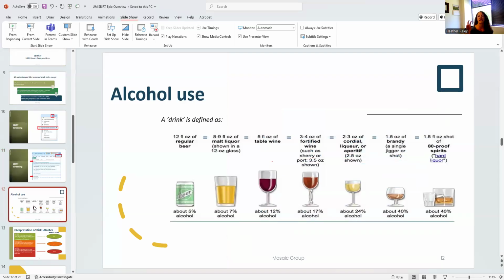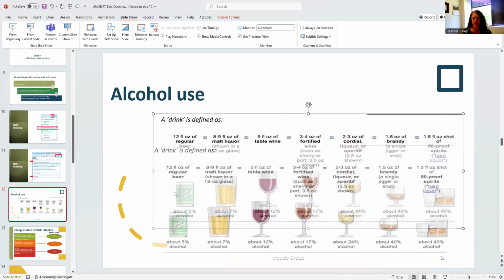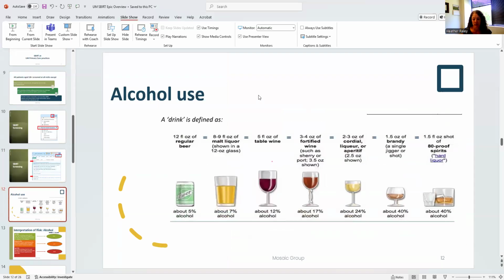So for alcohol use, one drink is defined as a 12-ounce beer. So if a patient is drinking a 40 of malt liquor, that is not just a drink. So it's important to clarify when they say they have a drink or two, what does that mean? Malt liquor has a higher alcohol content, and so you'll see that less of that includes a drink, 8 to 9 ounces of malt liquor versus 12 ounces of regular beer.